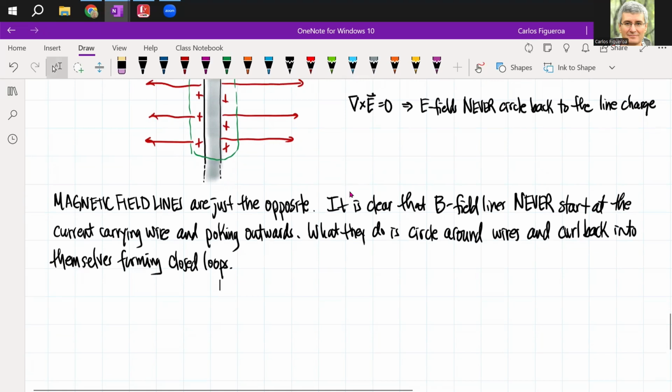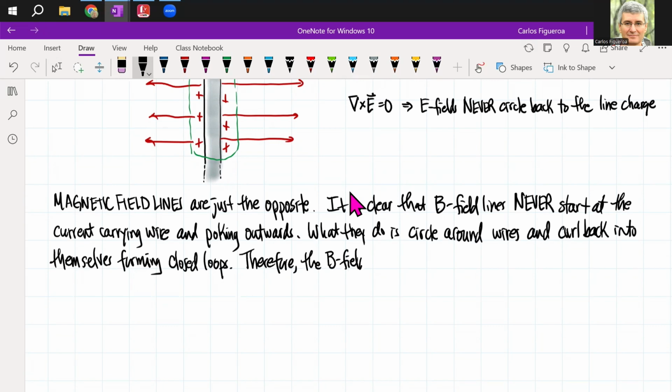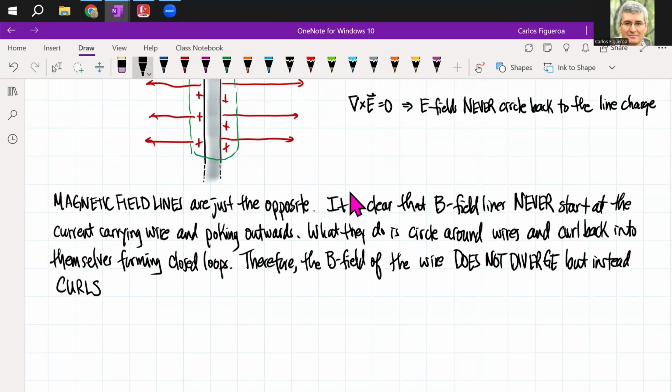Therefore, we have to say this. The magnetic field of the wire does not diverge, but instead curls around.